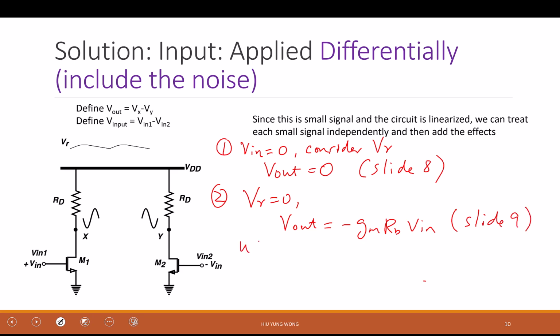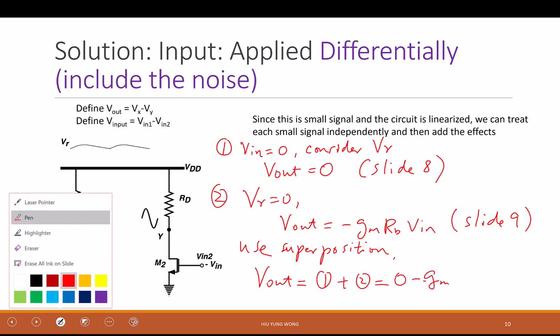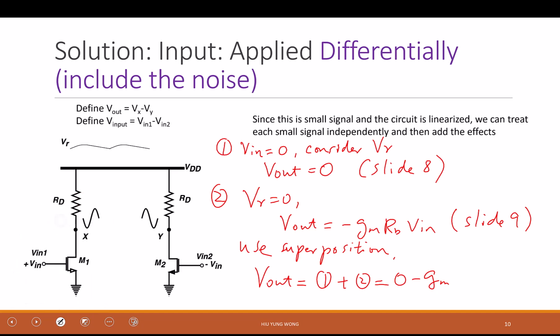And then use superposition, because it's a linear system, then Vout equals 1 plus 2, which is equal to 0 minus GM RD times Vin. So it is negative GM RD times Vin. I just tried to summarize this so that you won't feel confused. So this is a very important skill when you treat a linear system, okay?